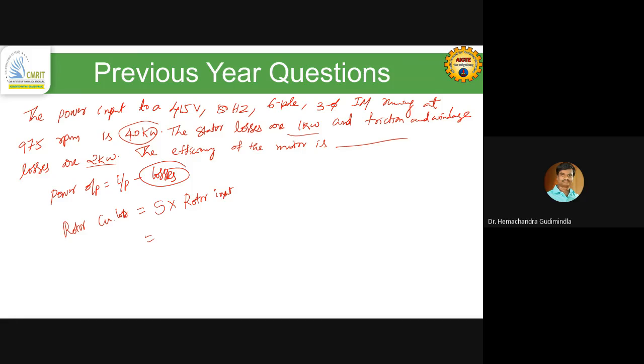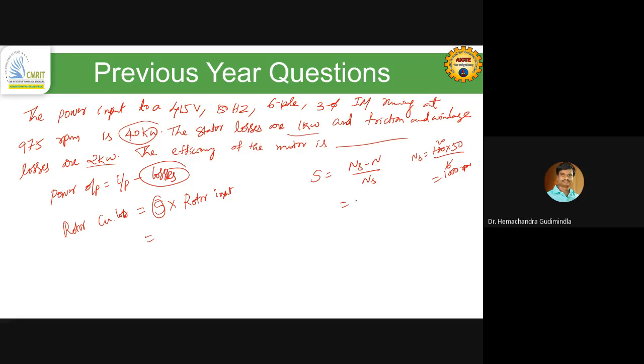Now, what is the slip value? We will calculate now. Slip S is equal to ns minus n by ns. Again, ns is equal to 120 into f, value 50, divided by p 6, that is 1000 rpm.